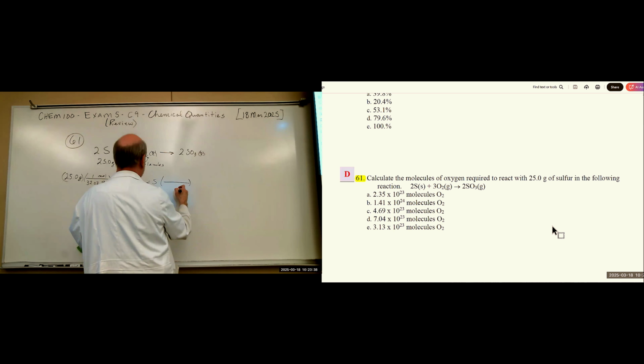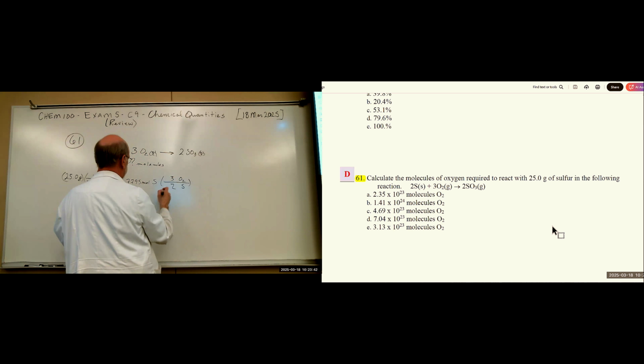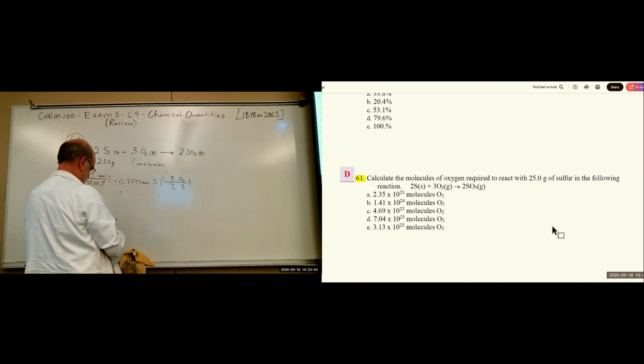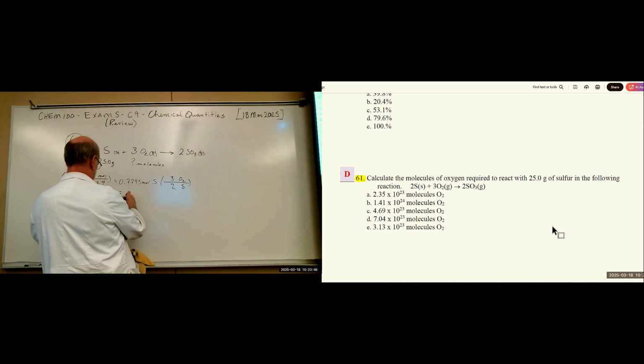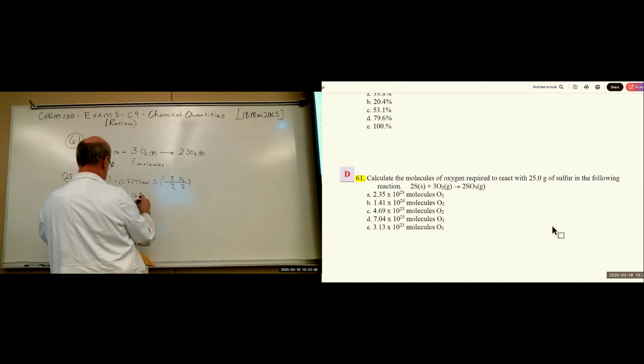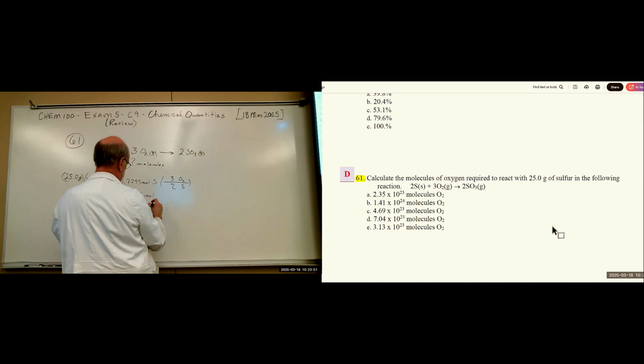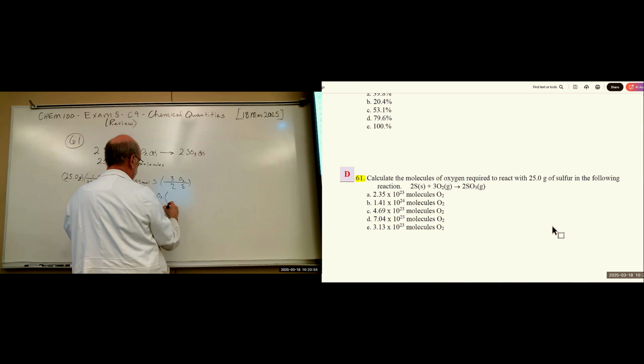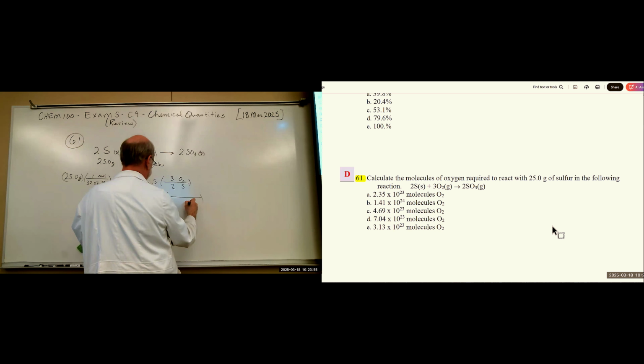Convert that to oxygen. Right, so we have 2 here, 3 there. And I get 1.169 moles of oxygen. Now we convert that to molecules.